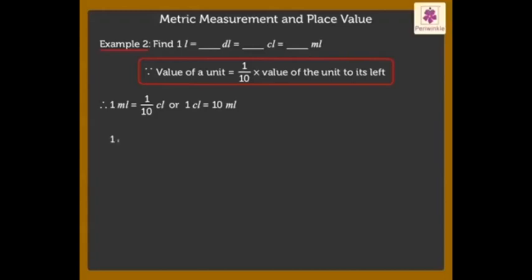Similarly, 1 centiliter is equal to 1/10 deciliter, or we can say 1 deciliter is equal to 10 centiliters. And 1 deciliter is equal to 1/10 liter, or we can say 1 liter is equal to 10 deciliters.